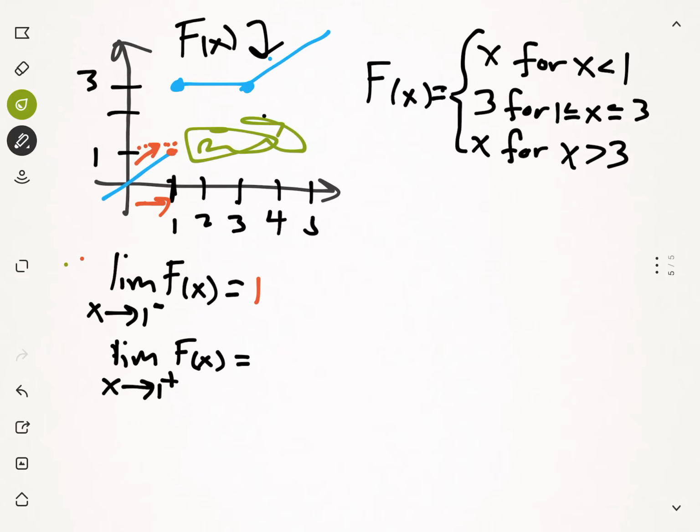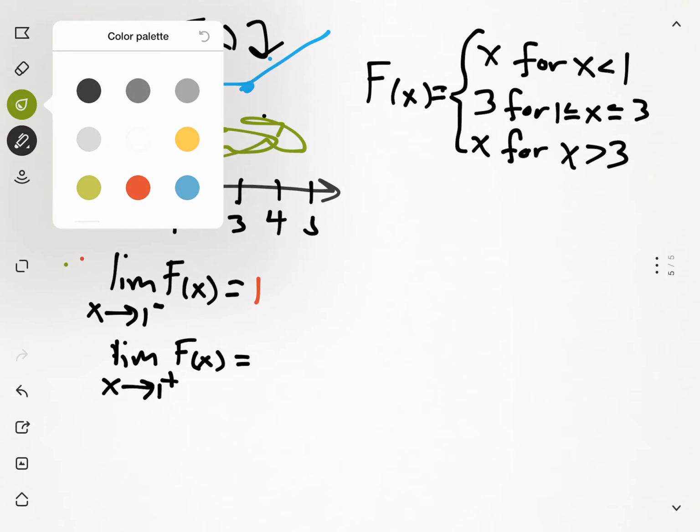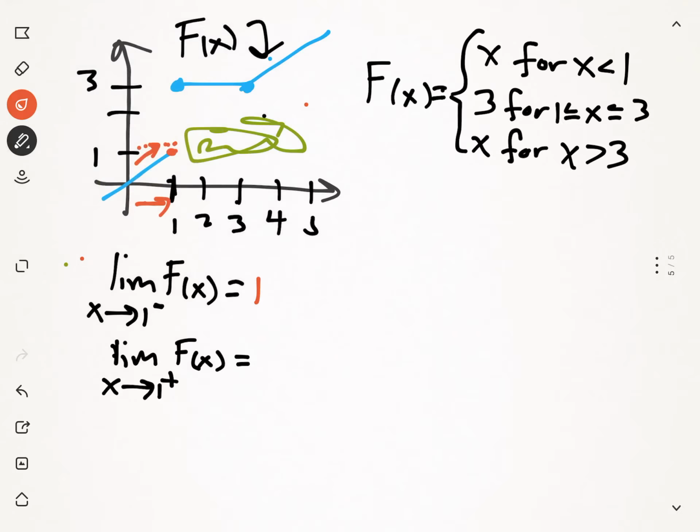The part that you want to make sure you're looking at is this piece up here. So you're going to jump up, and it says 1 from the right.